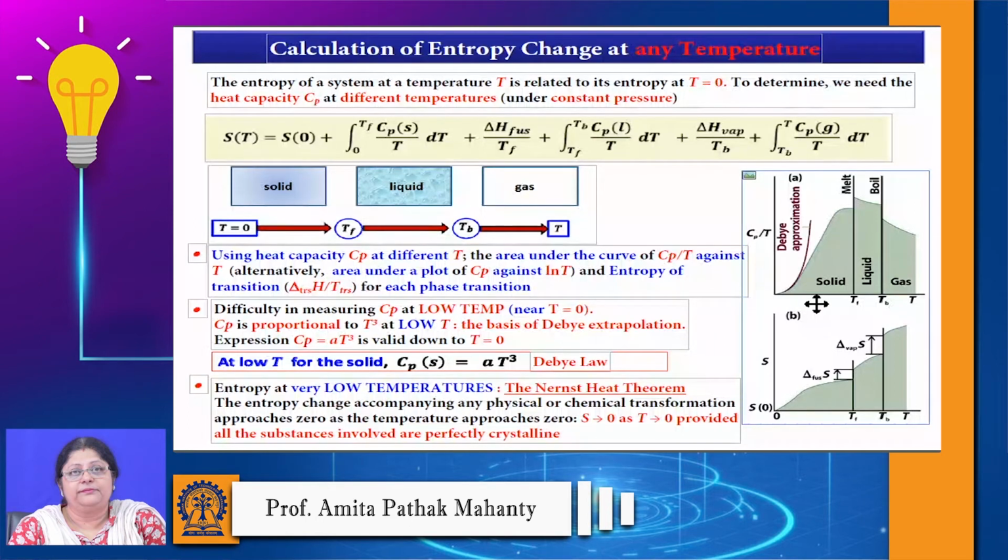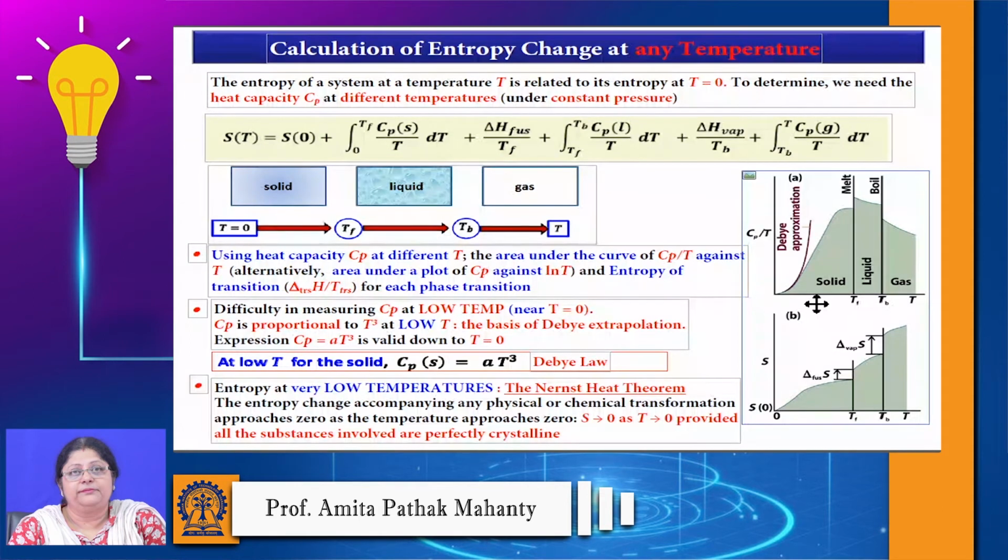Okay, that's the third law. Understood? So we have been given the flavor of what the third law is, and the third law is valid only when we understand the Nernst heat theorem, which says that entropy at low temperatures is going to approach zero.